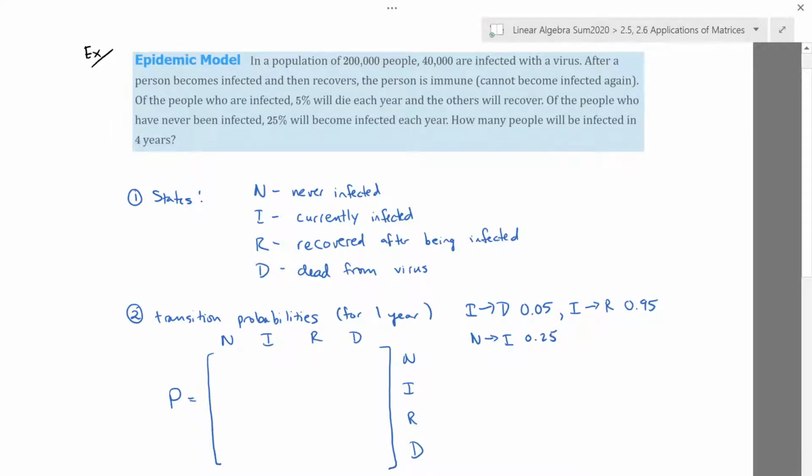It doesn't explicitly state it, but we'll just assume that if you've never been infected, then you have a 75% chance of still not being infected. So N staying in the N state will be 0.75.